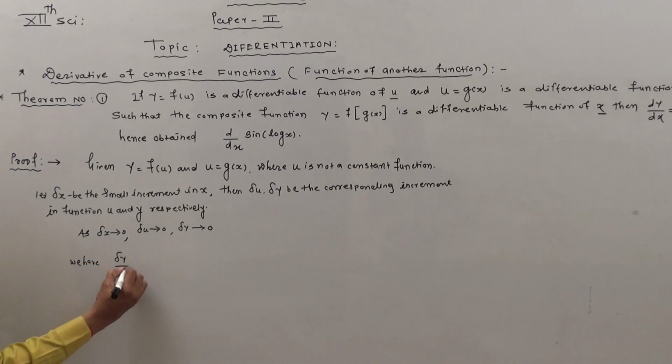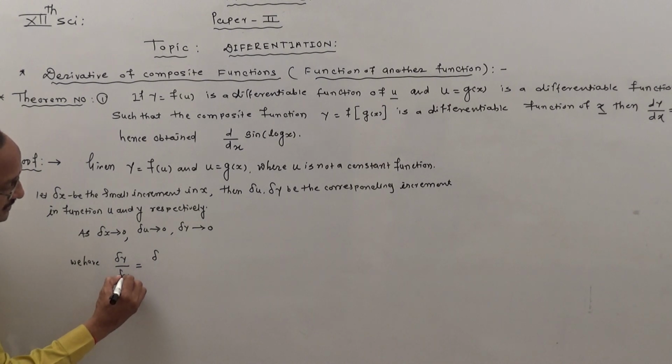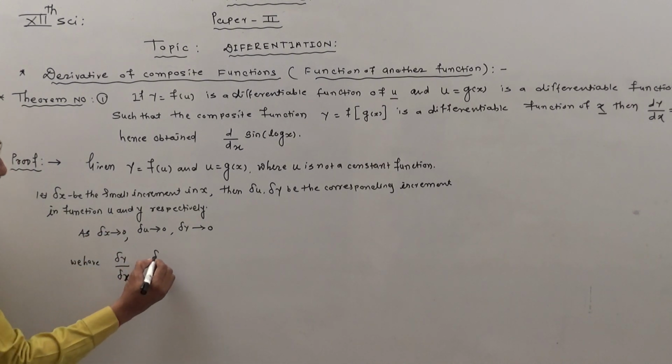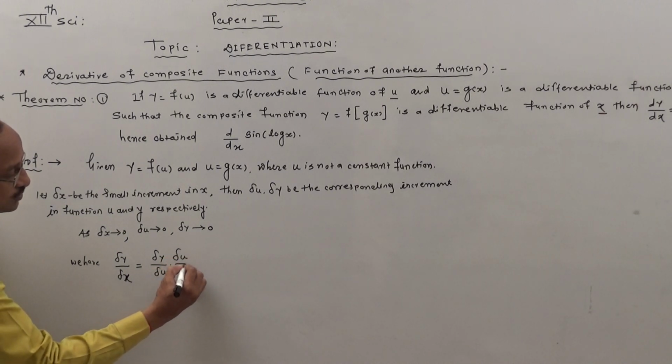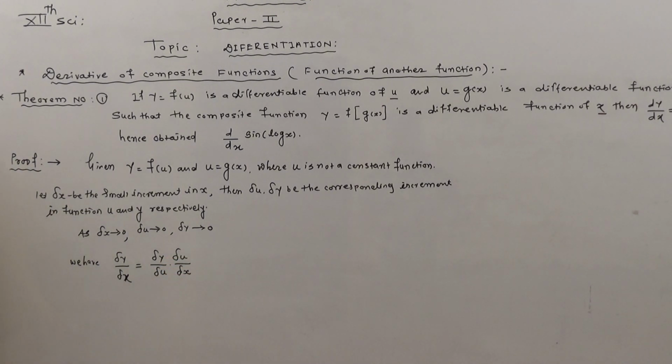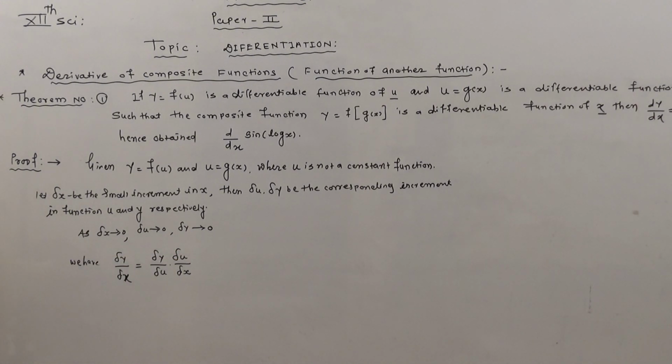So we have the algebraic relation: delta y by delta x is equal to delta y by delta u into delta u by delta x.